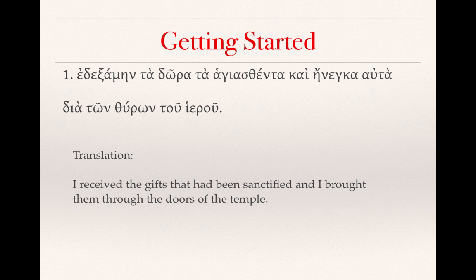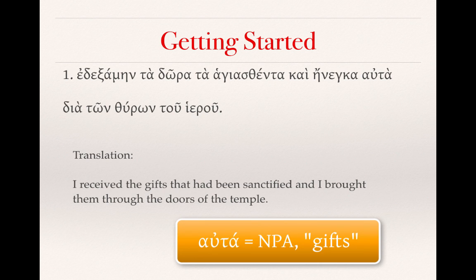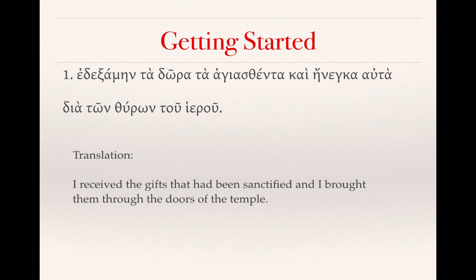You'll recall that this was one of the vocabulary words that we memorized. It's one of the odd aorist forms that is related to the verb phero. And the final thing that we might point out is that auta there is a pronoun, a neuter plural accusative pronoun, and its antecedent, the word that it stands in for, is ta dora, the gifts.